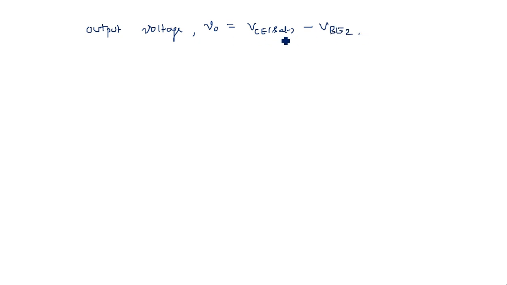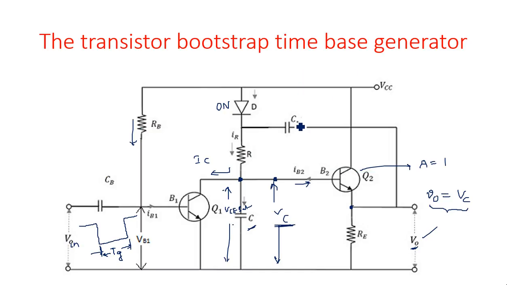How did we get this? V0 is the voltage from emitter to ground. What is the voltage at the input of the base? It is VC. When transistor Q1 is in the on state, VC is equal to VCE sat.